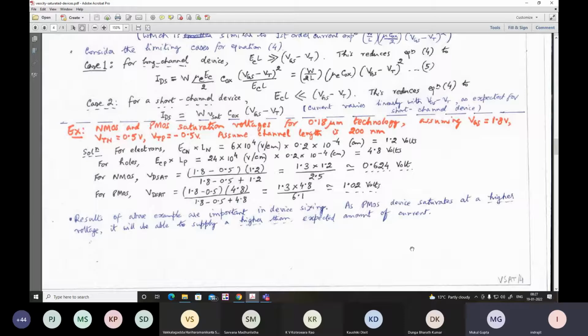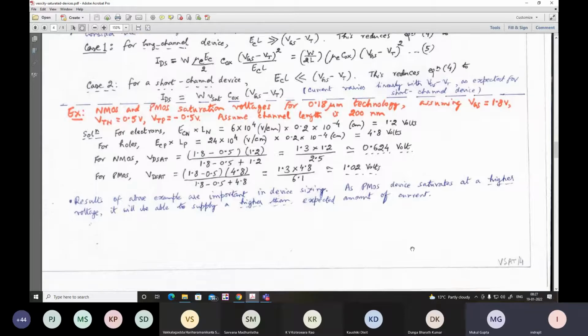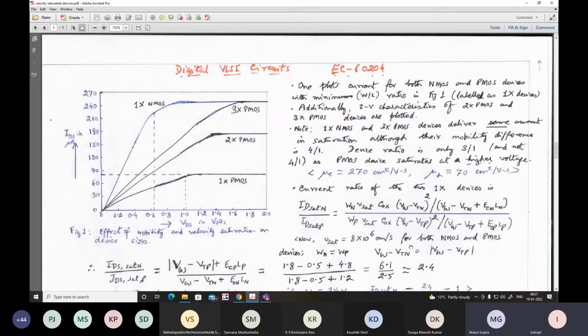Let us see through experimental data. Here we show for your reference the effect of mobility and velocity saturation on the device size. Device size means 1x, where 1x means the channel width and channel length are the same. 2x means the width is 2 times higher in magnitude compared to the channel length. 3x means 3 times higher.